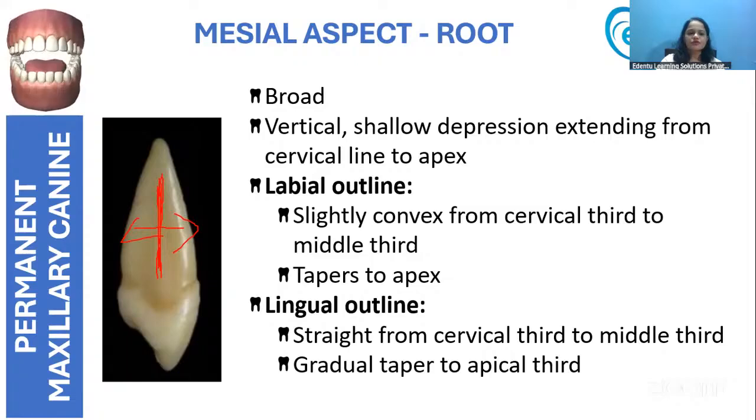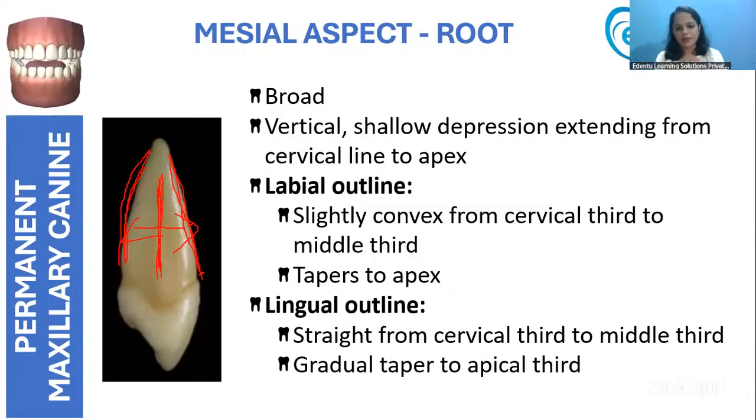If you look at the labial outline of the root, and this is the lingual outline of the root, the labial outline is convex from the cervical third to the middle third and tapers to the apex, just like the description of the other roots. The lingual outline is usually straight from the cervical third to the middle third, and gradual tapering towards the apical third is seen.